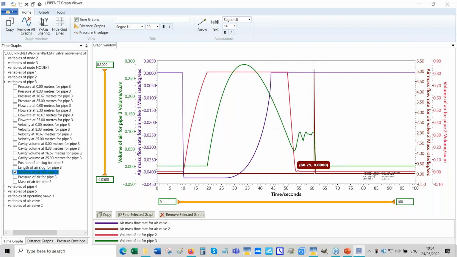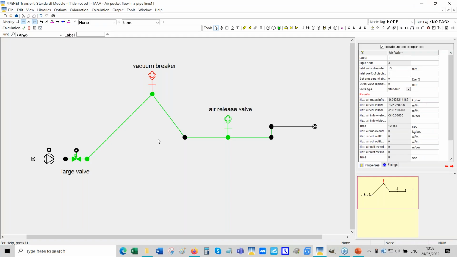See, this is the line of the airflow rate through the air release valve, mass flow rate, and when it flows out, the volume of air in pipe 3 goes to 0. Isn't it fantastic? So you can see this is how you can follow the movement of the air pocket.